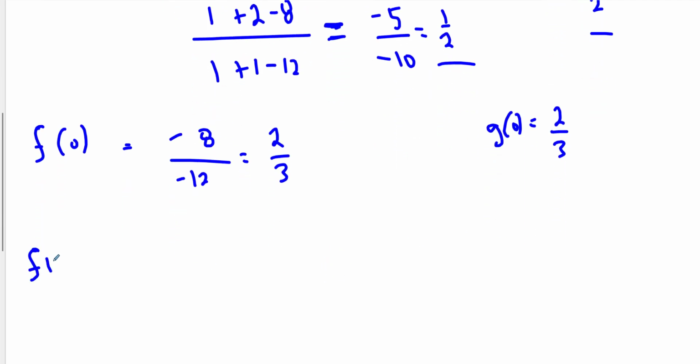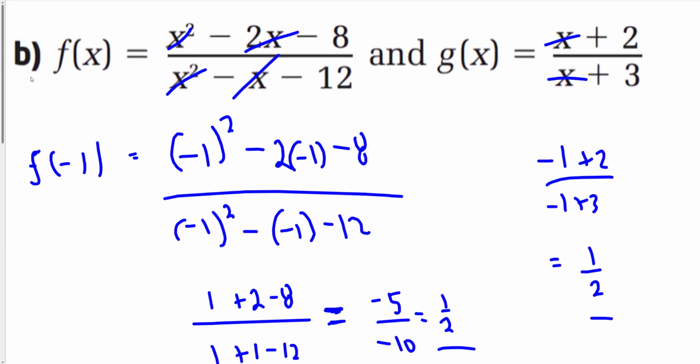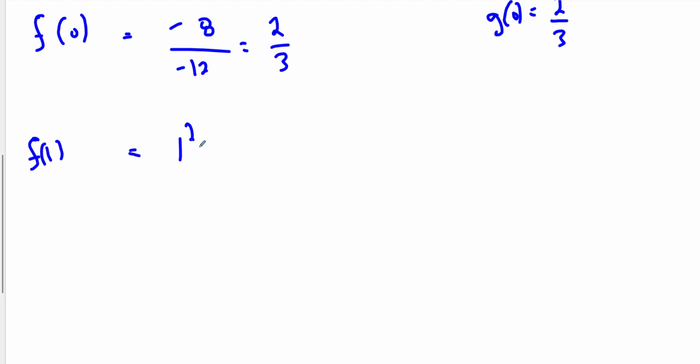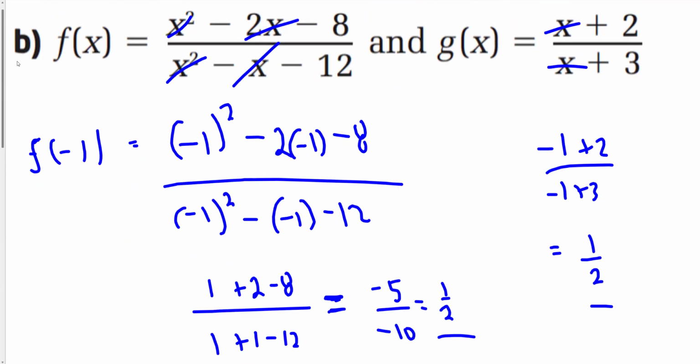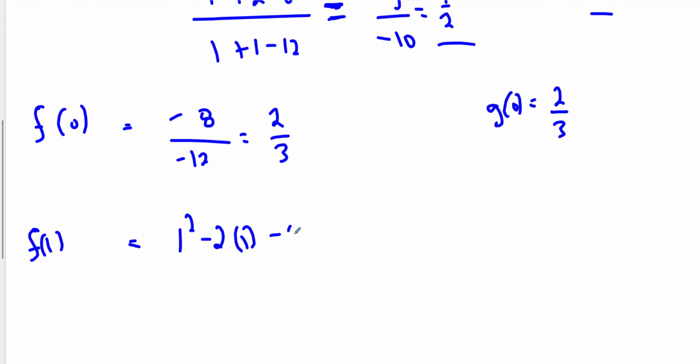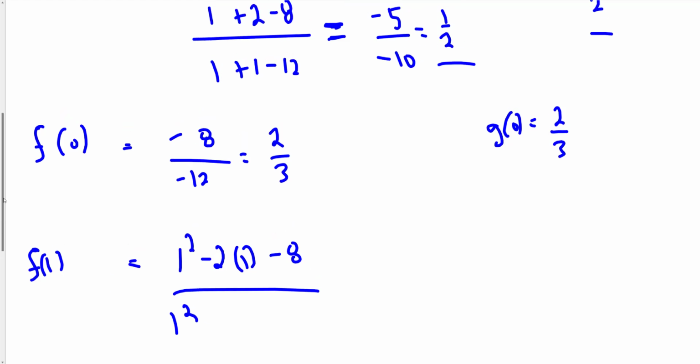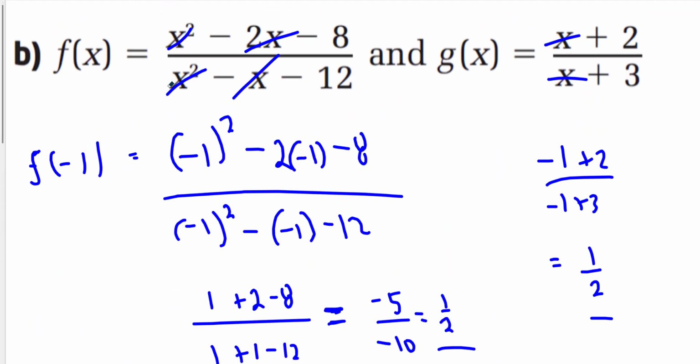Let's try 1. f of 1. Okay, now I have to do the exact same thing. So 1 squared minus 2 times 1 minus 8, all over 1 squared minus 1 minus 12.